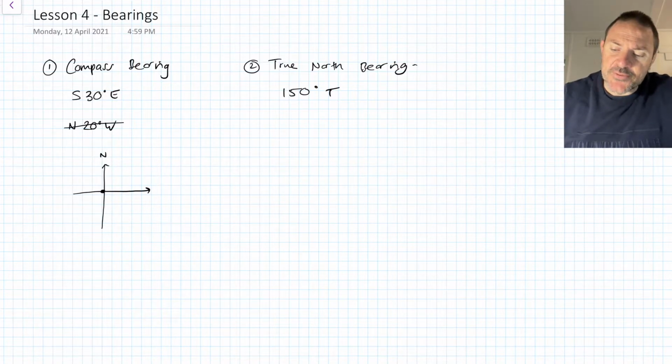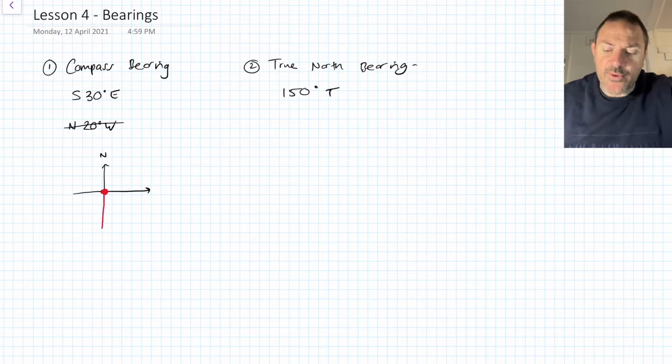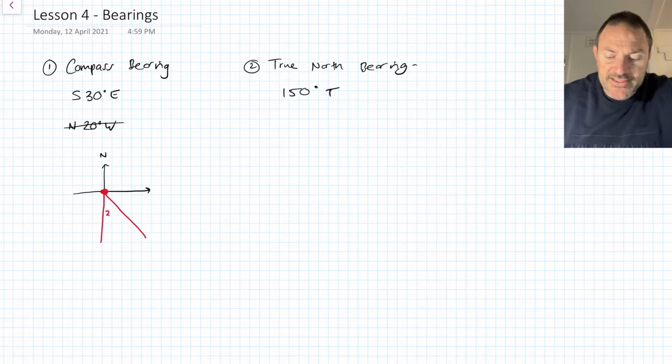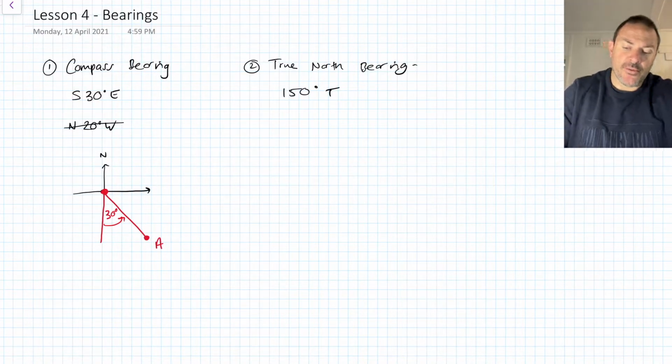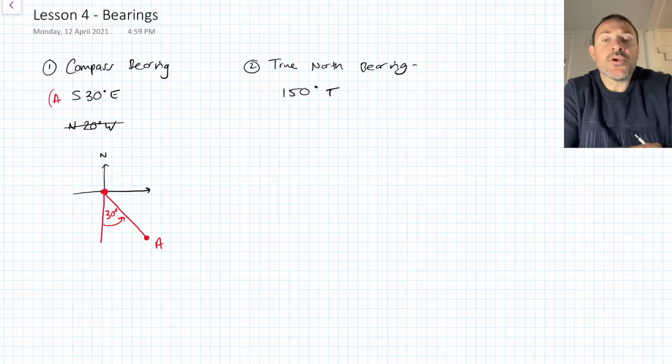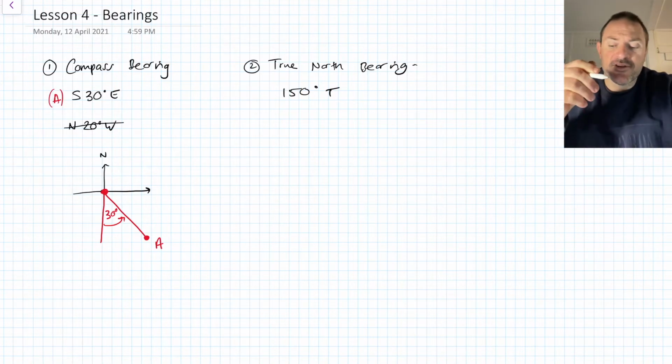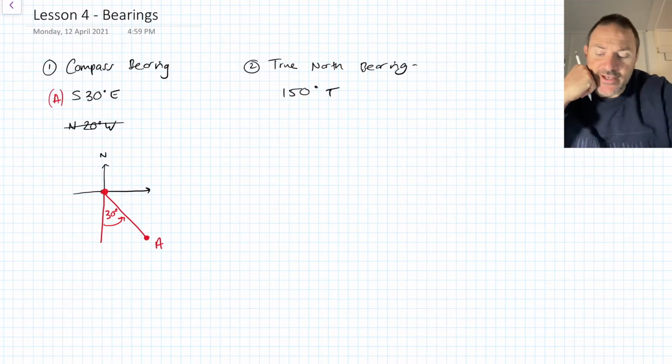If we're going south first, we always start at that vertex, go south, and then go 30 degrees to the east, which means we have 30 degrees sitting inside that little part there. Let's call that point A. So it's telling us we're going south first, and then heading 30 degrees east.